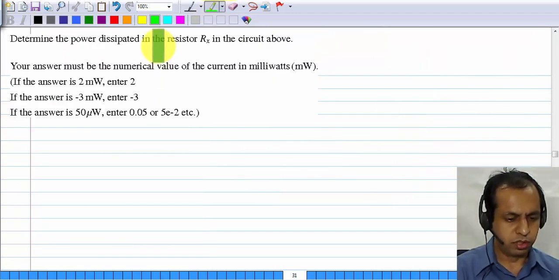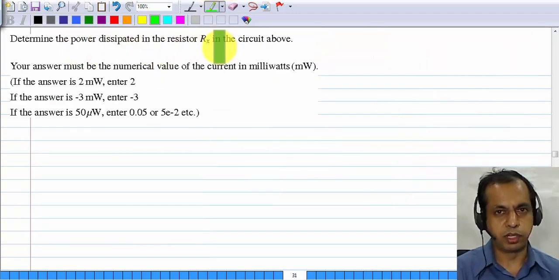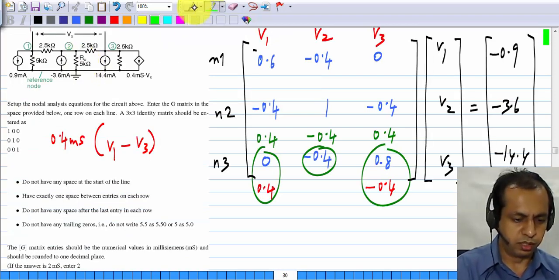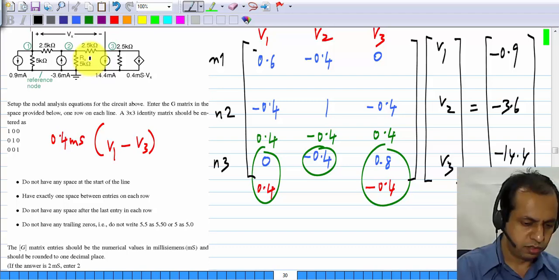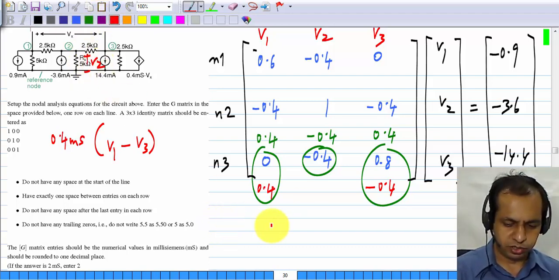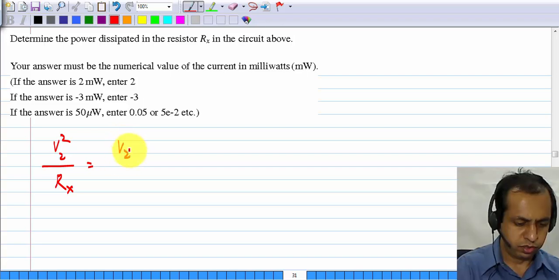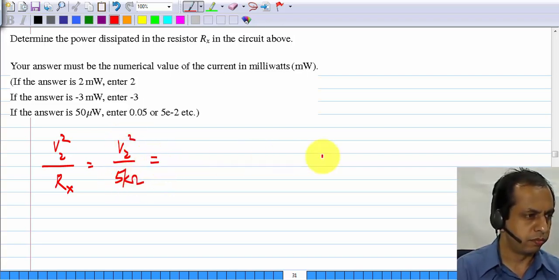Now here you have to find the power dissipated in Rx. How do you do that? Rx is this one, and the voltage across Rx is V2. The power dissipated in Rx would be V2 squared divided by Rx, or V2 squared divided by 5 kilo ohms.